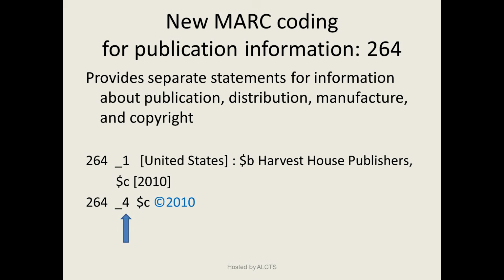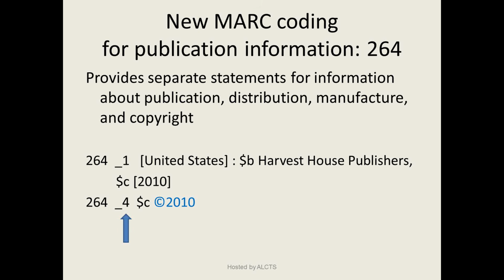Previously, we used field 260 for publication information, and we included a lot of information there, not just publication, distribution, printing, copyright, as we've seen. The new 264 field helps untangle the different kinds of information we've traditionally combined in publication statements.